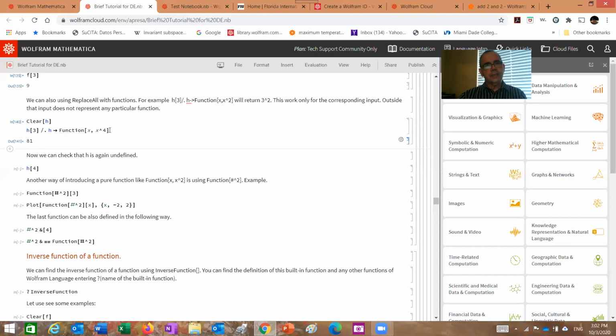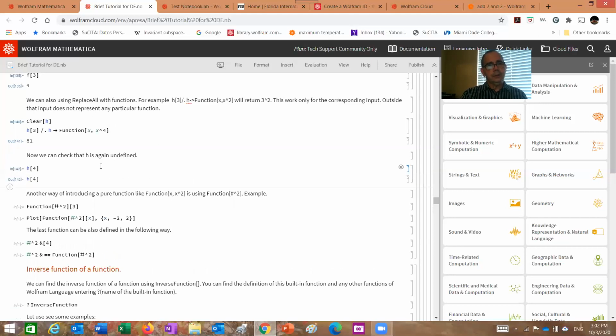Once you finish evaluating this input, the h becomes undefined again. So if you try to find h of 4 and press shift enter, you see that the result is h of 4 again. It means that it doesn't return any particular value. Why? Because this assignment worked only inside this input.